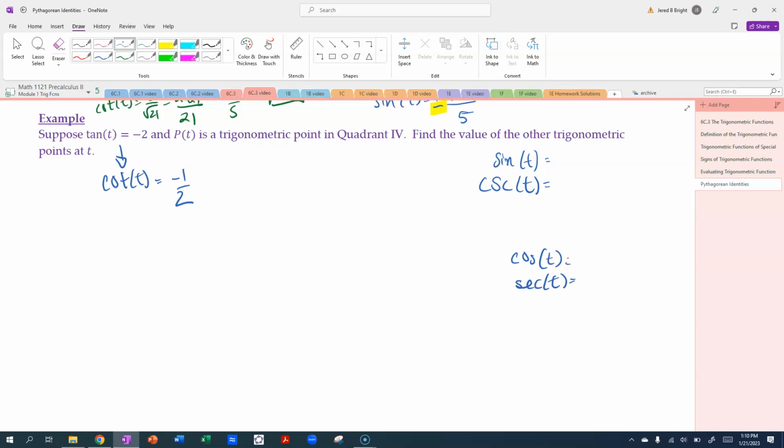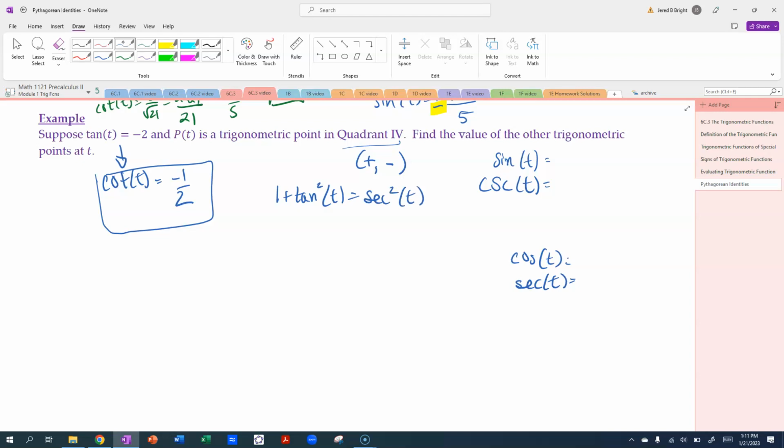Okay, so now I need to make use of something, right? So I also know it's in quadrant 4, so that's going to be a positive x and a negative y. Okay, that's helpful. But to use tangent, right, there is a Pythagorean identity that was 1 plus tangent squared of t is equal to secant squared of t. Okay, and so we're going to use this.